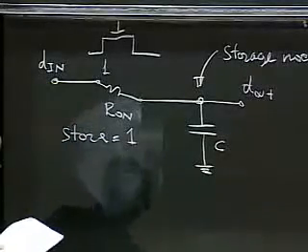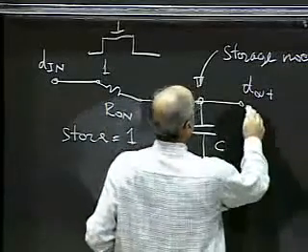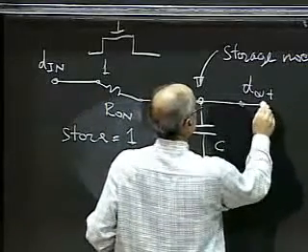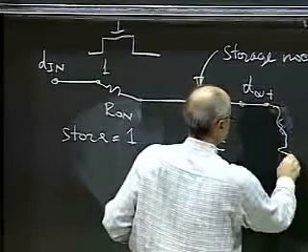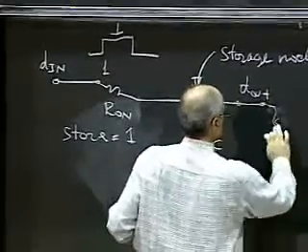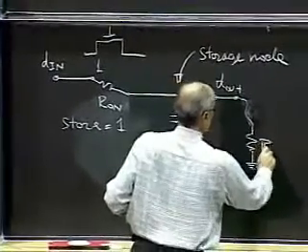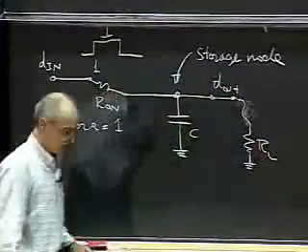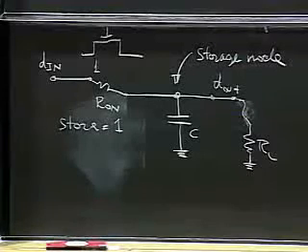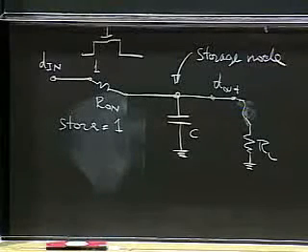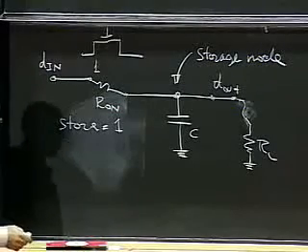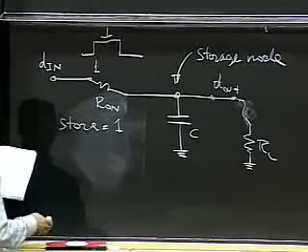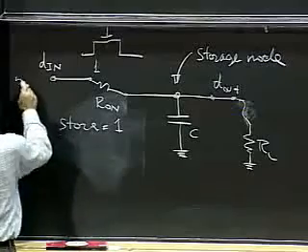Now, in principle, the output is connected to some load resistance. We'll talk a little bit more about this load resistance in a minute. So this is the situation when we are at store equals 1. And for example, let's suppose that D in is 5 volts.